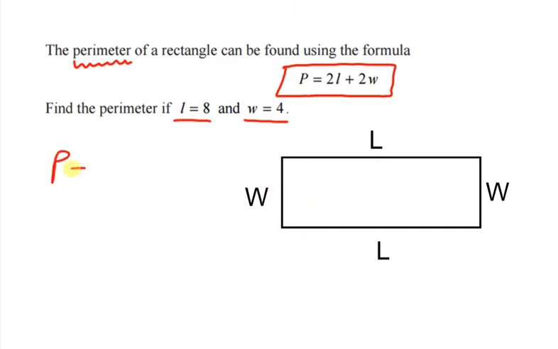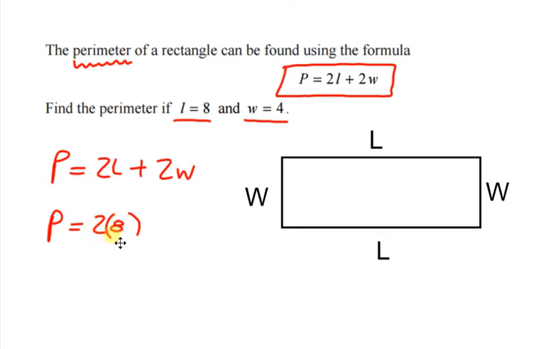So P equals 2L plus 2W. And what that means is 2 times the length, because we have our length twice, and 2 times the width, because we have our width twice. But again, we don't need the picture because we have this here. So P equals 2, and instead of L, we're going to put (8). And here's why those parentheses are important, because it's 2 times 8.